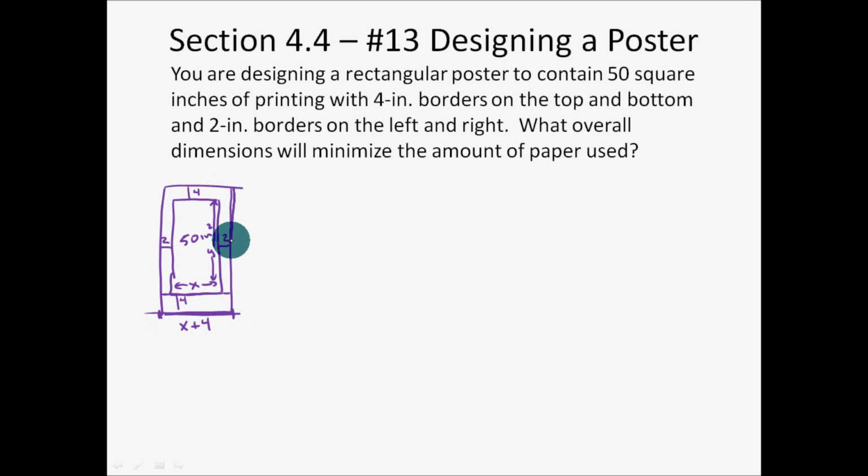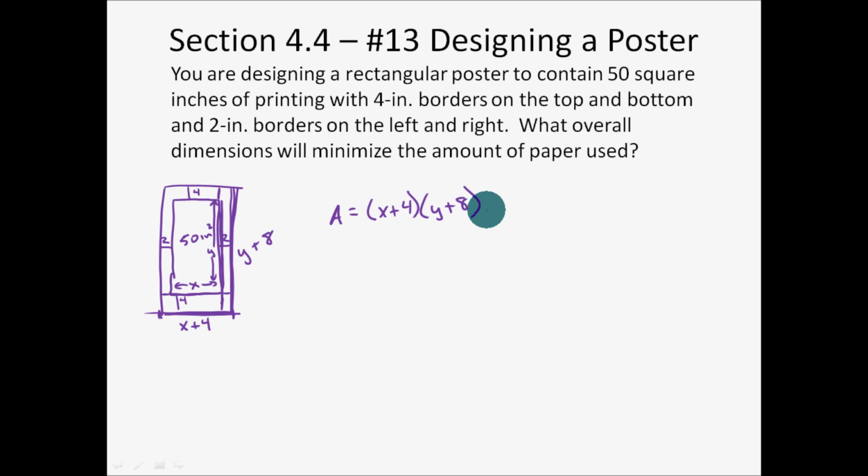And then the height is going to be y plus 8. Once again, y is the poster, but then we have 4 on top and 4 on bottom, giving us a total of 8 more inches from the border. So the expression for the area of this entire thing, for all the paper needed, is going to be base, x plus 4, times height, y plus 8.